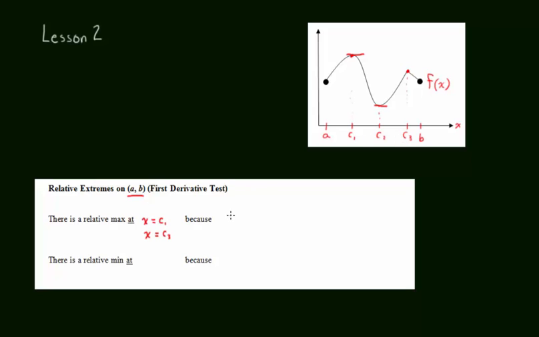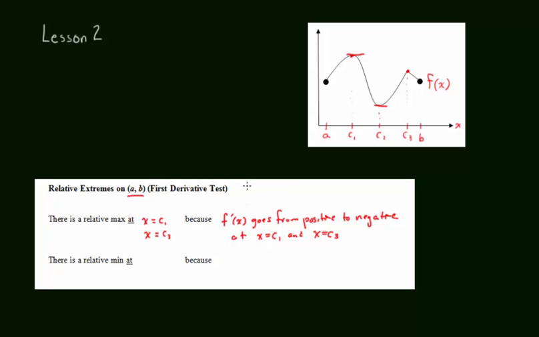We want to use calculus to describe why those are relative maximums. So we're going to say they have relative max at those points because f prime of x, the derivative, goes from positive to negative at x equals C1 and x equals C3.